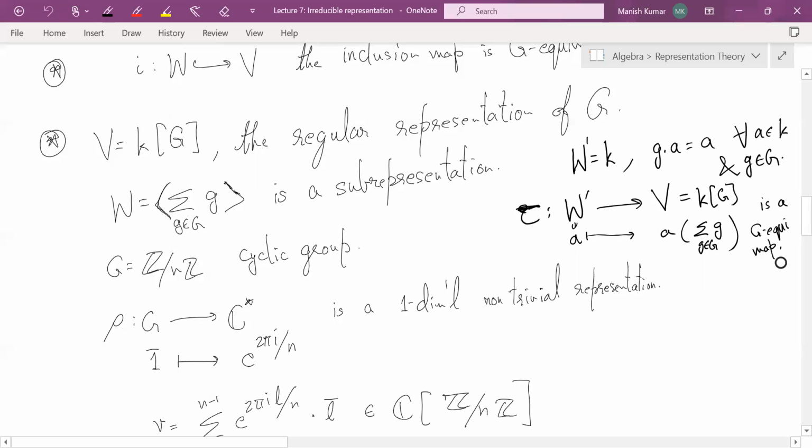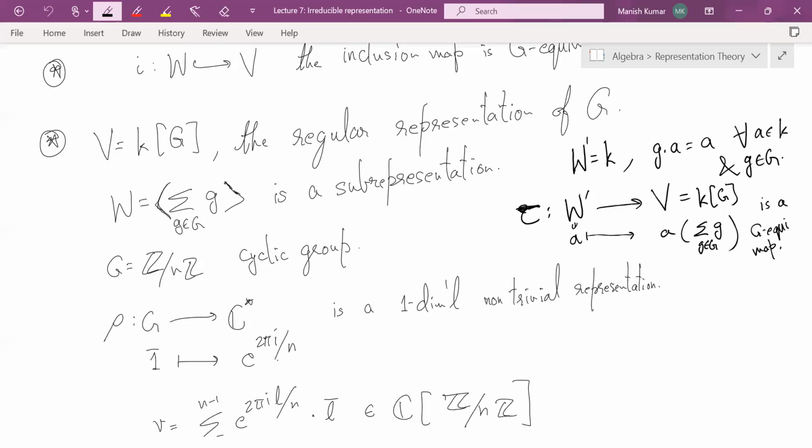But there are some other non-trivial one-dimensional representations of G. Giving a one-dimensional representation is just giving a map from G to C star. So you can send 1 bar to e to the power 2 pi i over n. Remember, the image has to be in C star, in the roots of unity. Here, G is the cyclic group Z mod nZ, so 1 has to go to one of the nth roots of unity.